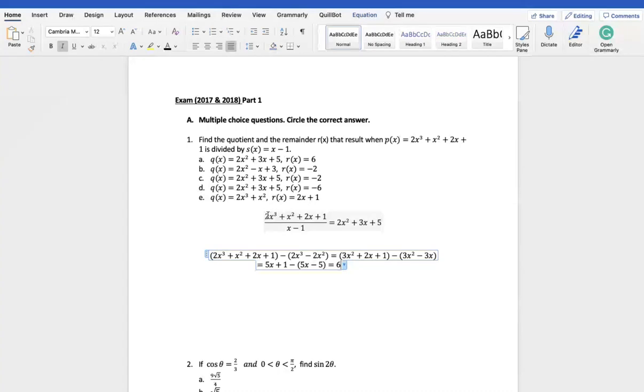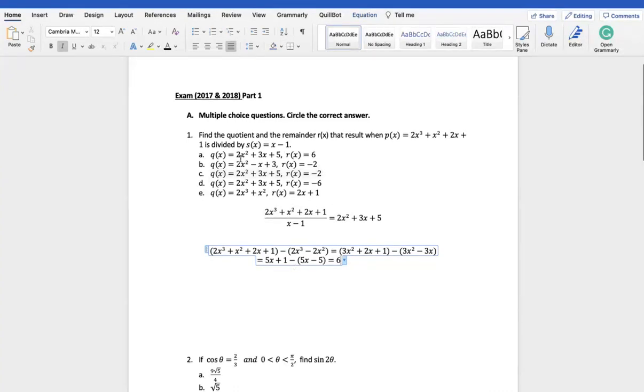So for our division here, our quotient is equal to 2x squared plus 3x plus 5, and our remainder is just 6. So the correct answer is sub-question A. Any questions there?